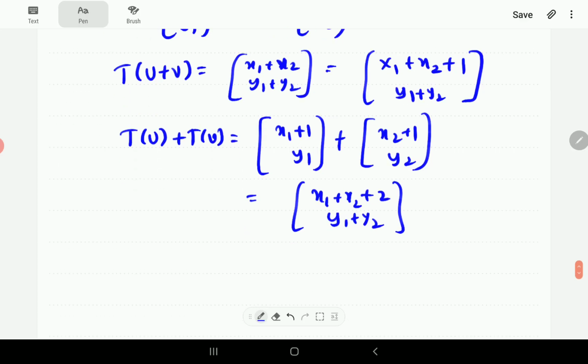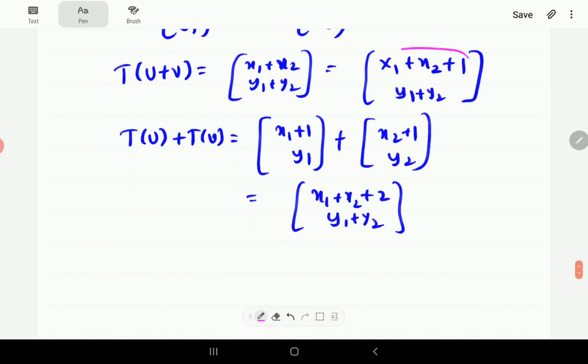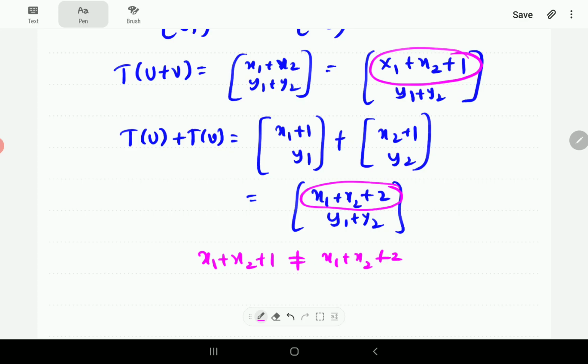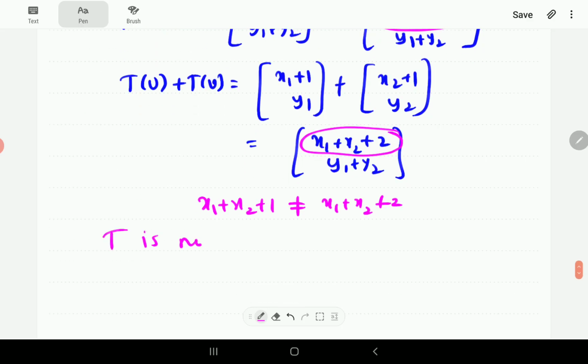If you observe carefully, here we have x1 plus x2 plus 1 and here we have x1 plus x2 plus 2. So x1 plus x2 plus 1 is not equal to x1 plus x2 plus 2. Hence it fails to be a linear transformation. Therefore T is not a linear transformation. This is how you have to conclude whether it is a linear transformation or not.